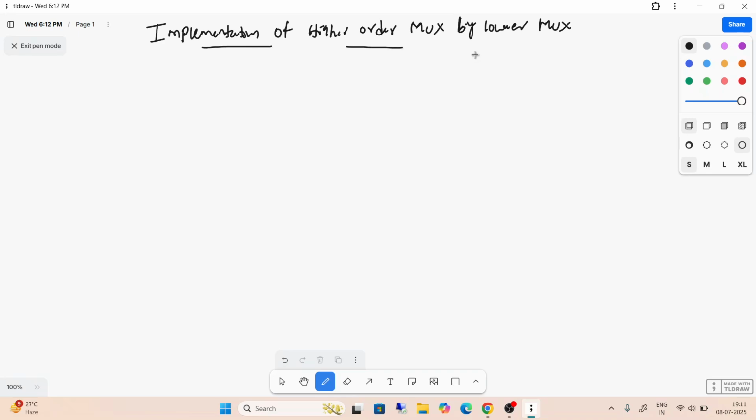Implementation of higher order mux by lower order mux. So how to implement? Okay, so you see, step one.